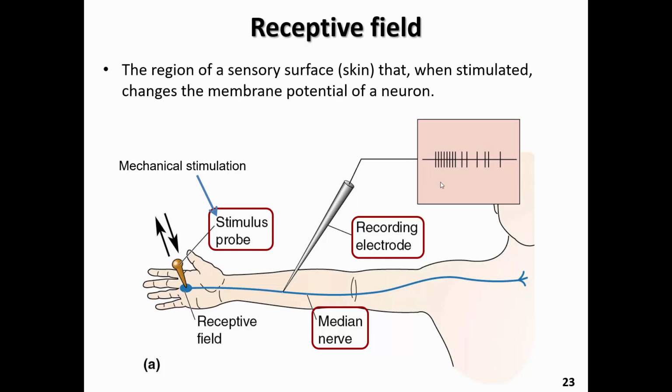The tracing here illustrates that when the stimulus probe is applied to the skin, activity increases along that median nerve, confirming the receptive field detected by the sensory neurons that are part of the median nerve.